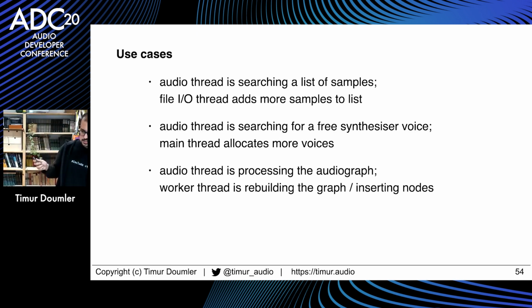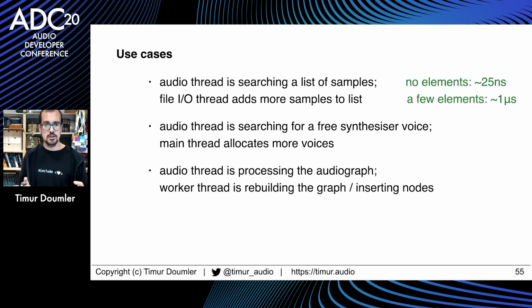And so now let's tune how much time you want to spend in those stages. If you look at these use cases again, I went into the real code, into those places where we were using locks, and measured how long these things typically take. It turns out that if you're just searching a vector with a handful of numbers or pointers, then just checking that the vector is empty takes something like 25 nanoseconds on my machine.